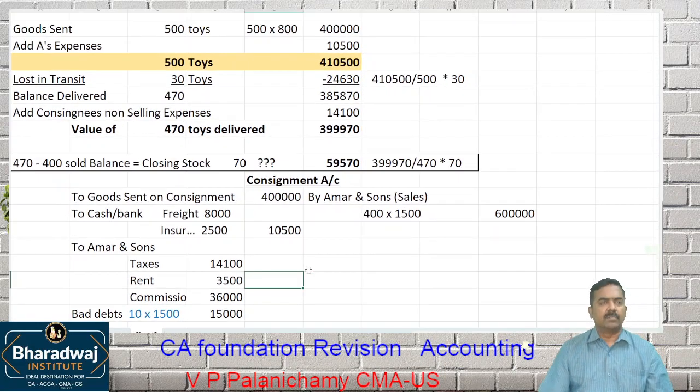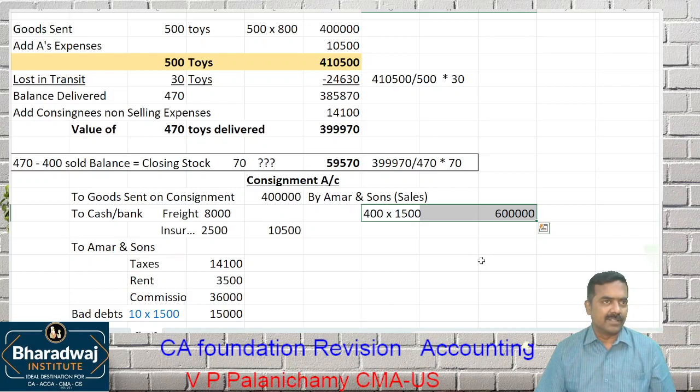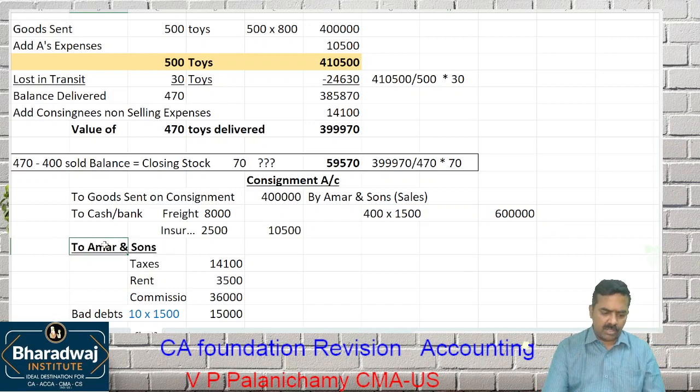Bad debt is nothing but an amount recoverable but not recovered. When I record the sale, how much would I record in the customer account? 1,500 due from the customer. If it does not come, the loss is what? 1,500 into 10. Bad debt is based on the amount to be recovered from the customer.